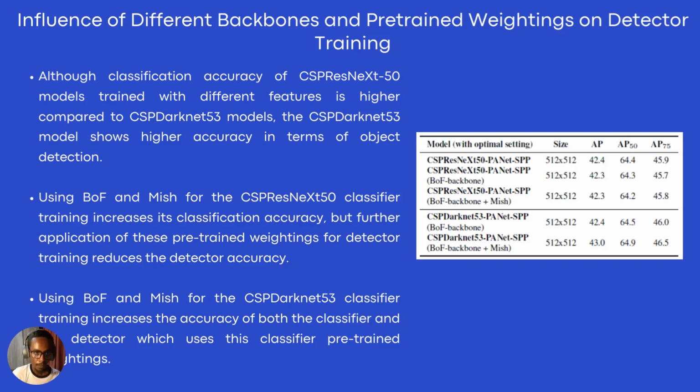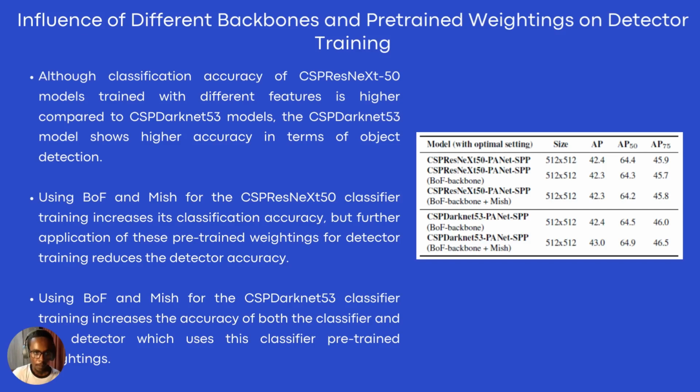So using Bag of Freebies and mish activation function for the CSP ResNeXt50 classifier training increases its classification accuracy, but further application of these pre-trained weightings for detector training reduces the detector accuracy.